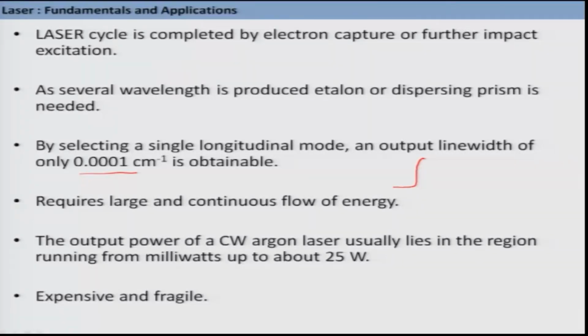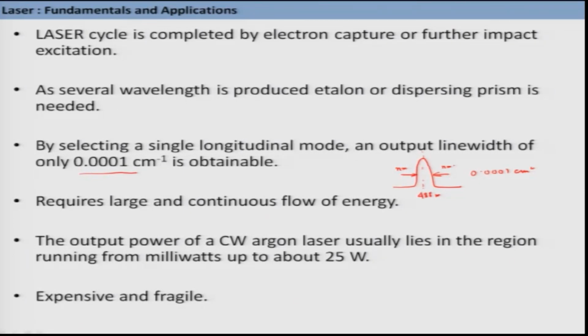So what I essentially mean is that if I draw this laser line like this, this width corresponds to 0.0001 centimeter inverse, and the central line corresponds to 488 nanometers, say. Then what is this wavelength in terms of nanometer here and also here? You will see they will vary in the third or fourth decimal. So it's literally really narrow band.